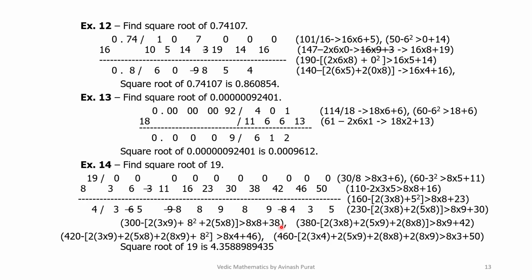So 460 minus 386 is 74. So we get the quotient as 3 and the remainder as 50. So the square root of 19 is 4.3588989435.